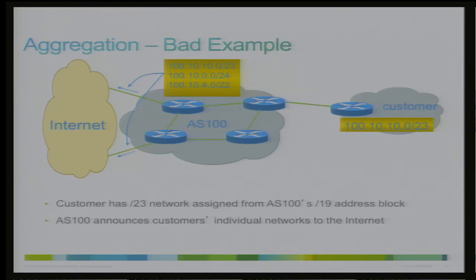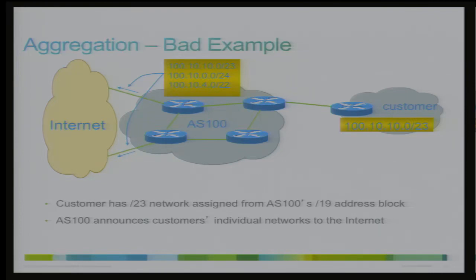Now, when AS100 advertises this prefix to other peers or other transit providers, it doesn't need to advertise the specific sub-prefix that's assigned to its customers. For example, it shouldn't advertise 100.10.0/23, but that's what it's doing right here. And what's the problem with this?